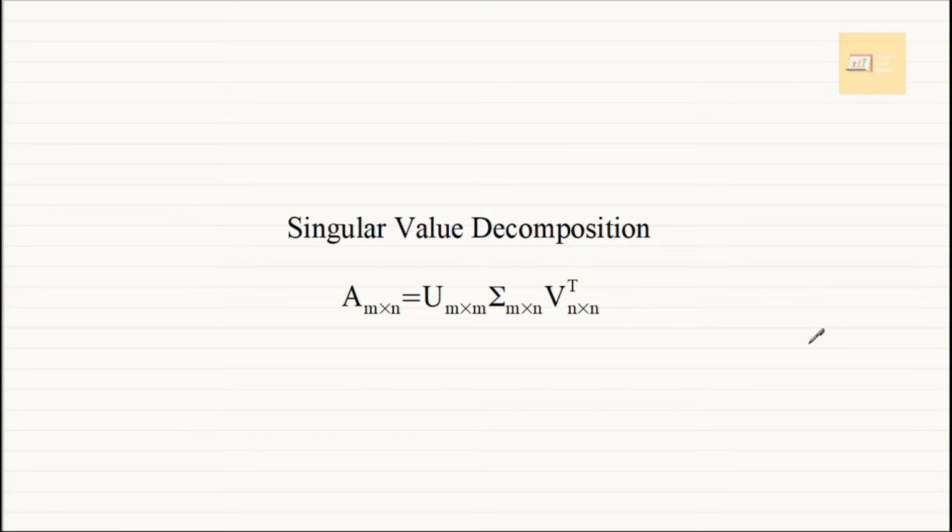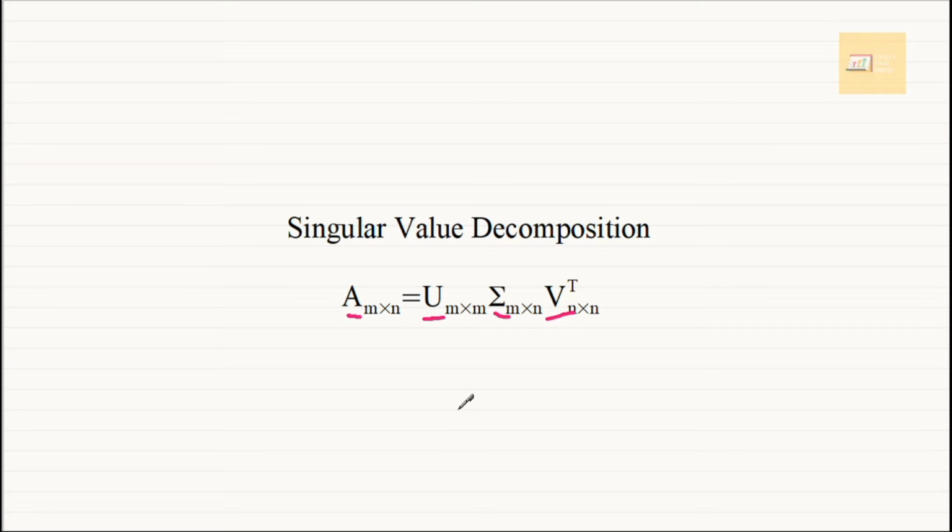Now, in linear algebra, by applying SVD, we can break down, or more formally factorize, this matrix into three matrices: matrix U, sigma, and matrix V transpose. Matrices U and V transpose are orthogonal.